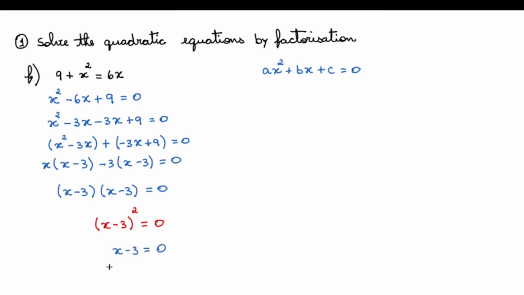But since the second factor is the same as the first one, we are going to have only one solution, x equals 3. So the solution for the quadratic equation x squared minus 6x plus 9 equals 0 is x equals 3.